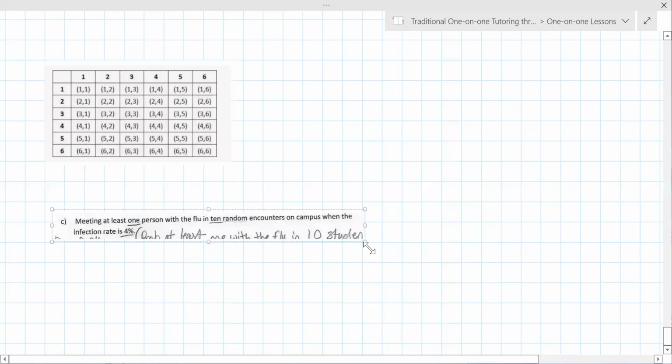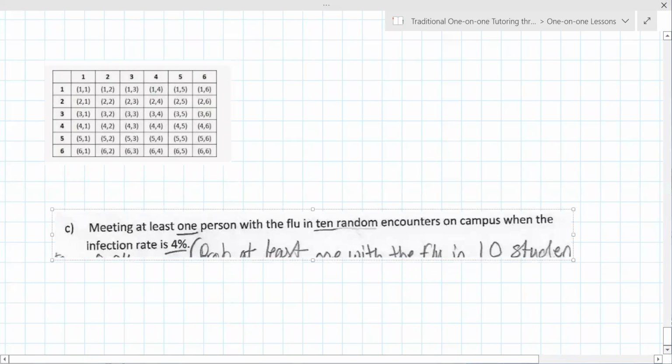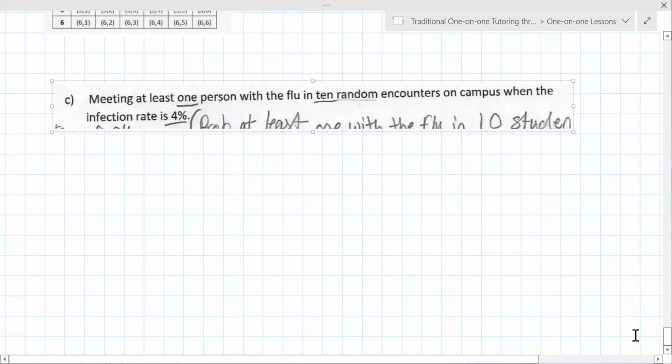On page 3, my teacher didn't do this very well. Under the 4. Okay. So meeting at least one person with the flu in 10 random encounters. I think I did this one correct, but I'm not really sure. So just like the other at least ones, you're going to do the probability of none first. So it's 1 minus the probability of none with the flu.